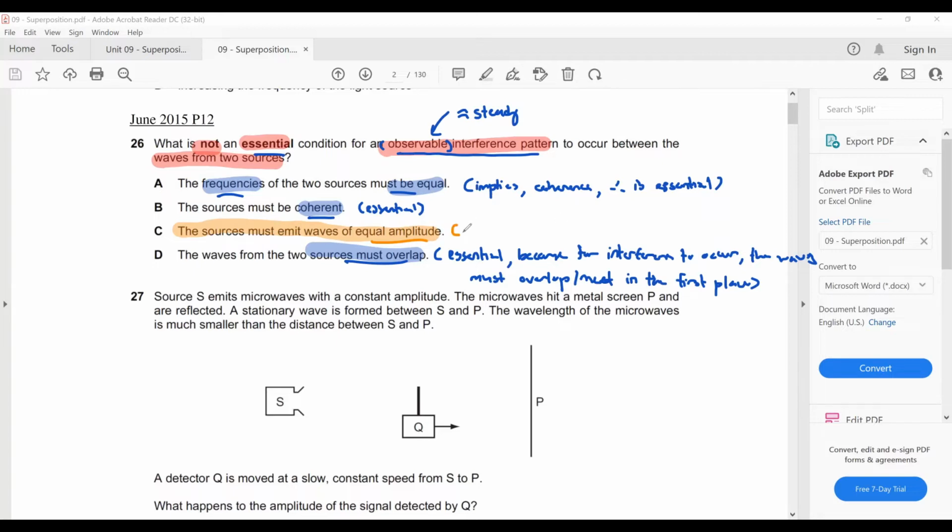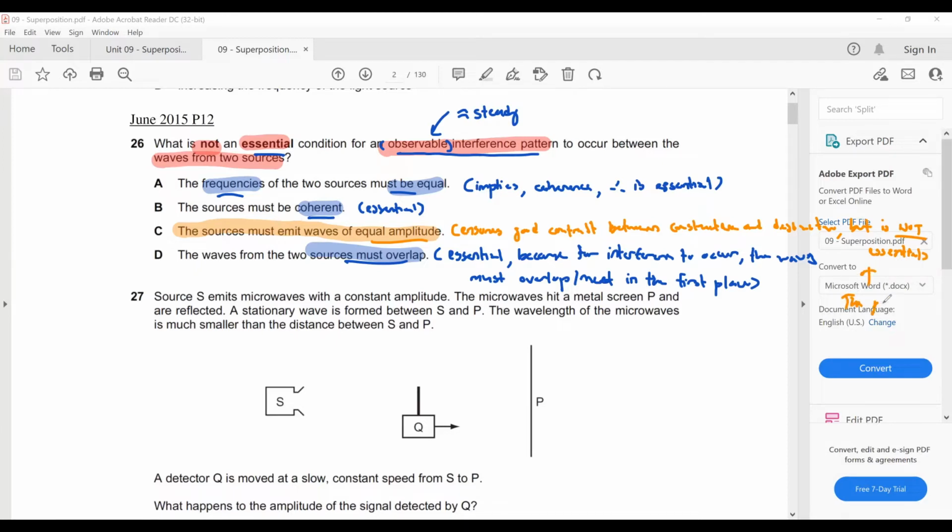Equal amplitude ensures good contrast between constructive and destructive interference, but it's not the most essential. It is not essential.